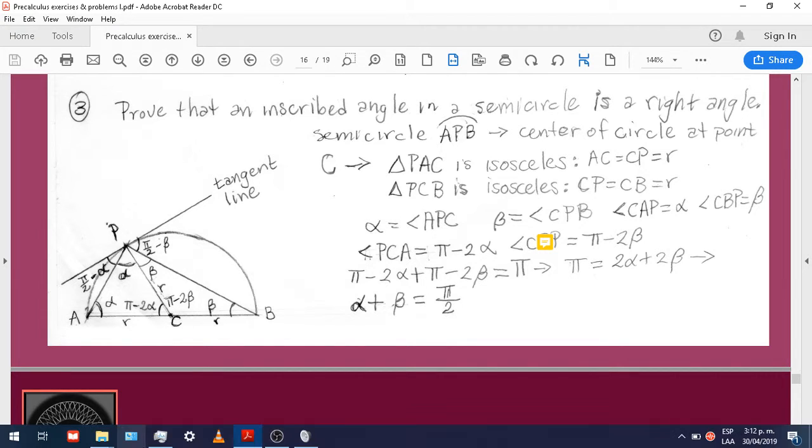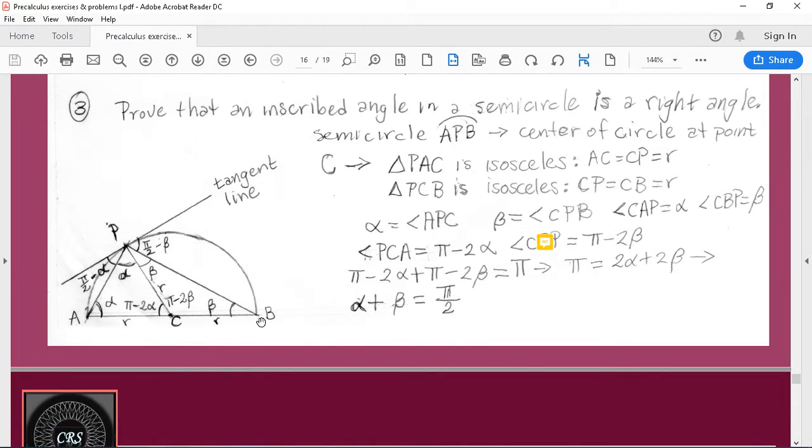We also know that angle BCP equals the sum of angles CPA and PAC. That is, pi minus 2 beta equals alpha plus alpha. That means that pi minus 2 beta equals 2 alpha.